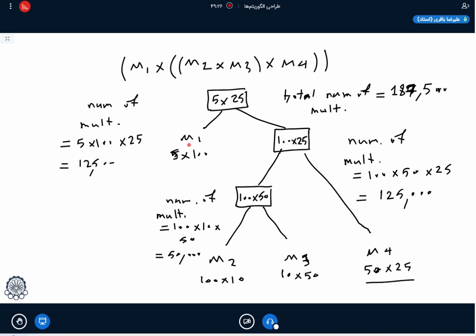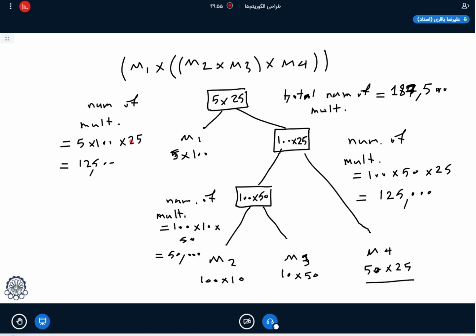Then we multiply M1 by this one. M1 has 5 rows and 100 columns. The number of multiplications will be 5 multiplied by 100 multiplied by 25, which is 12,500.